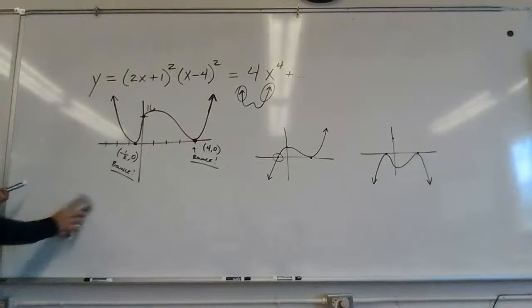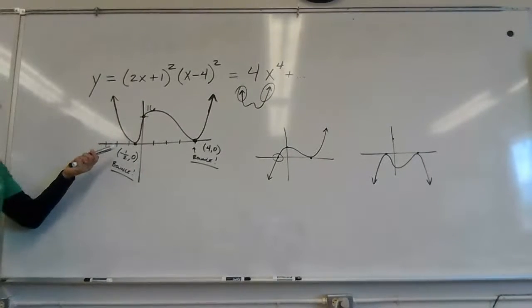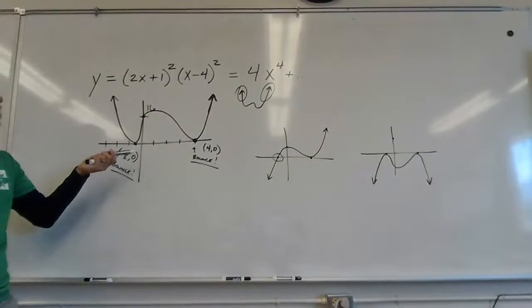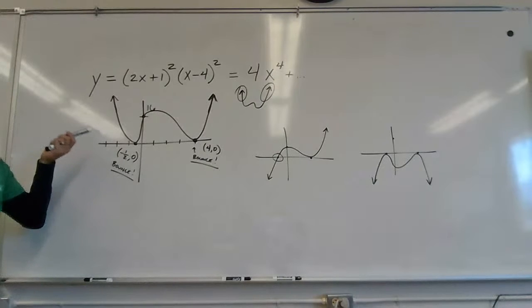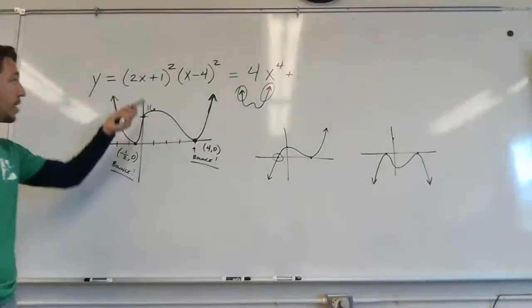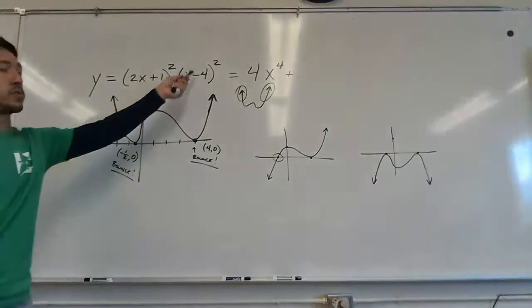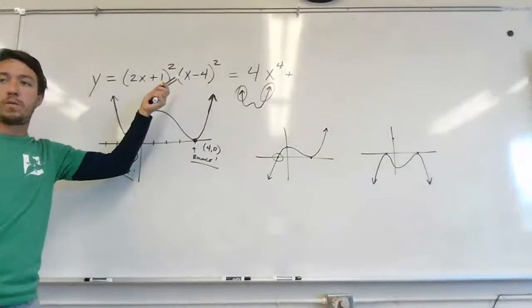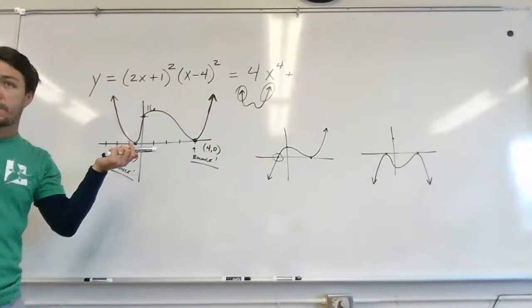By the way, someone pointed out another interesting thing about this graph last class, which was that they said something like, it's always positive, or to be more precise, it's never negative because it's a squared number times a squared number, right? When you square something, it can never be negative.